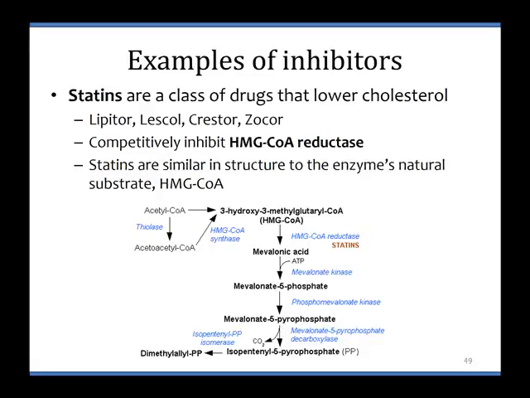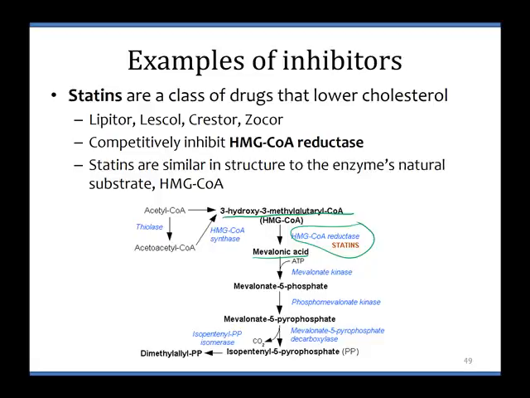HMG-CoA reductase is down here in this long metabolic pathway. It takes this molecule, HMG-CoA, and converts it into this molecule, mevalonic acid. That mevalonic acid will eventually go on to produce cholesterol.